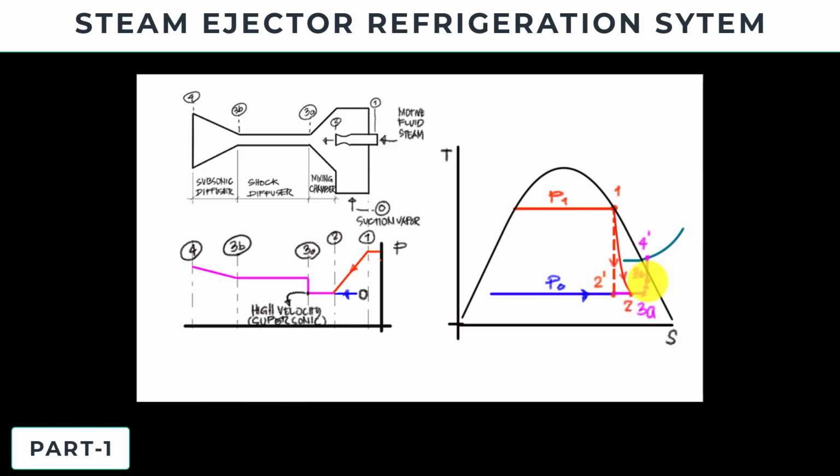So the isentropic can be predicted with a curvature toward here. So that will be my point 4, and this is my pressure 4, this line.